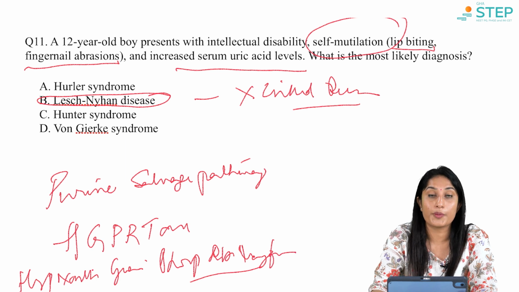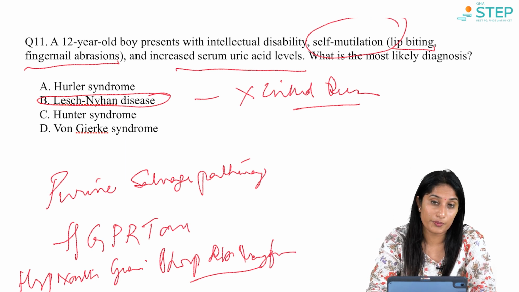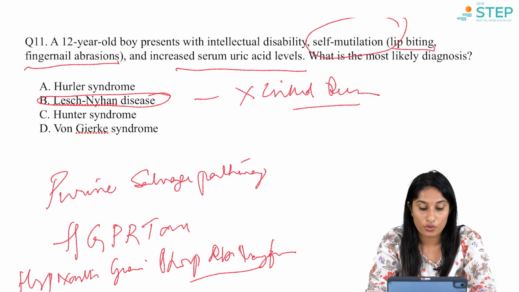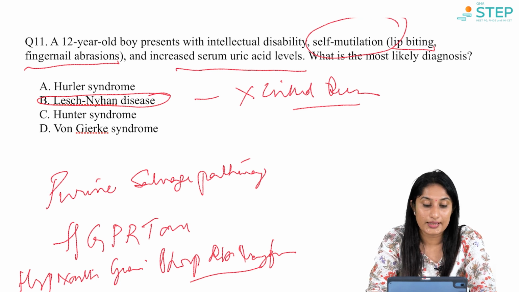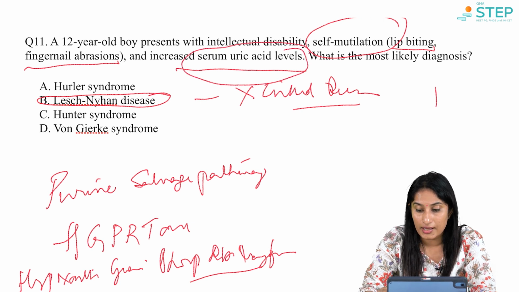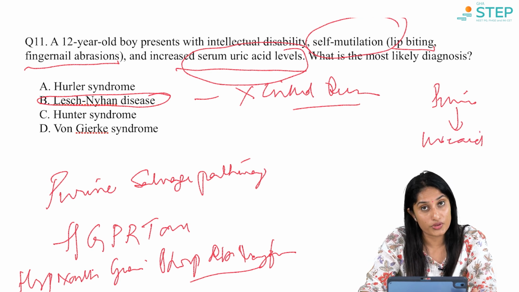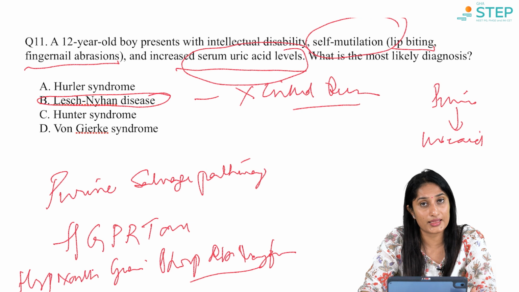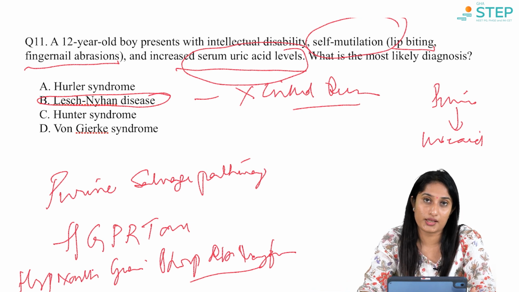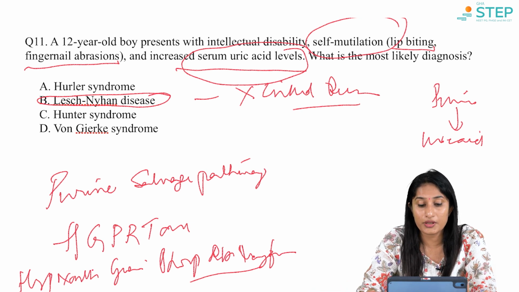So, HGPRTase deficiency will cause Lesch-Nyhan disease. They will also have high serum uric acid levels because excess purines will break into uric acid, and here the hypoxanthine goes in directly for the formation of xanthine to uric acid. So, that is why we see hyperuricemia in Lesch-Nyhan disease.